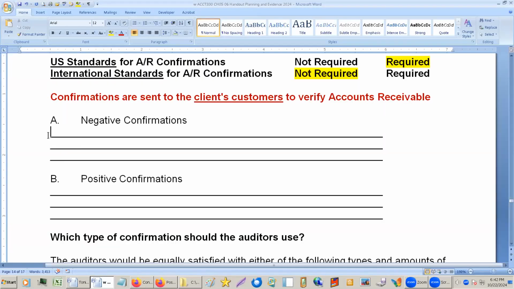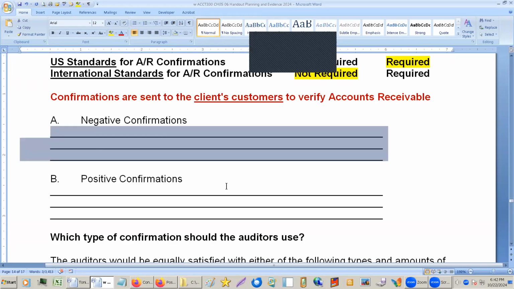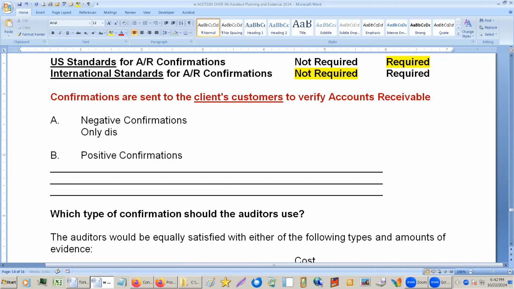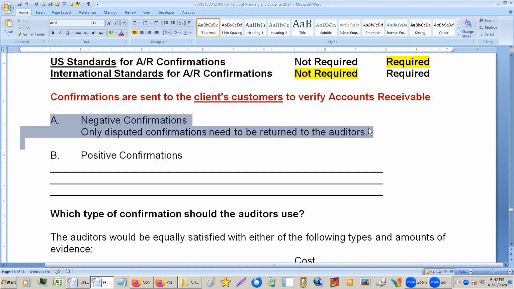So negative confirmations. Only disputed confirmations need to be returned to the auditors.